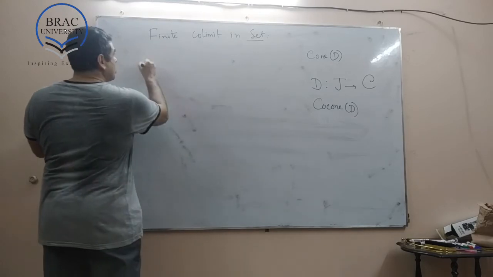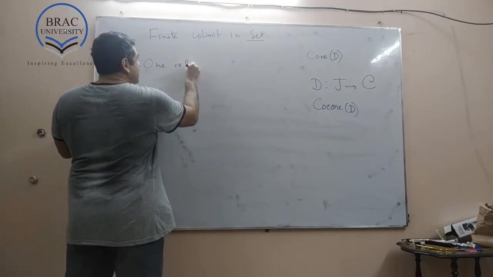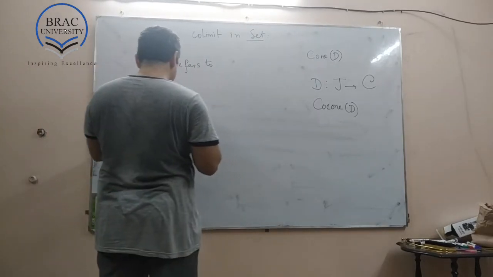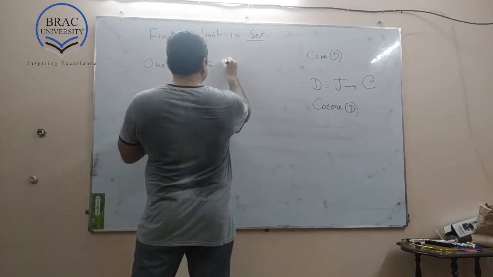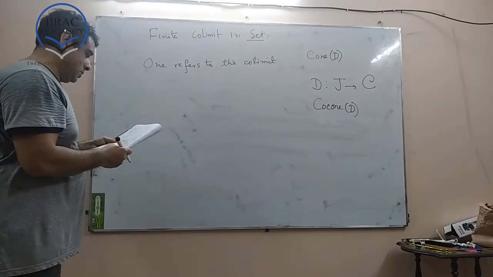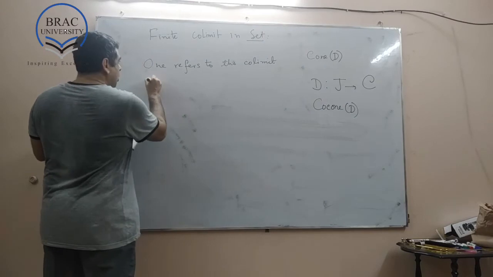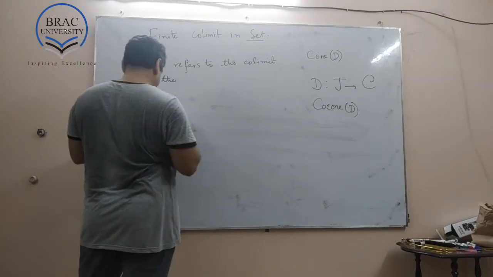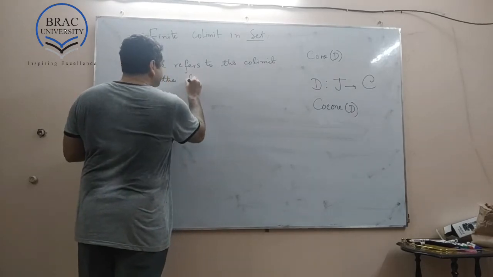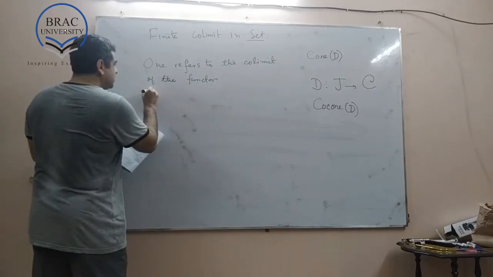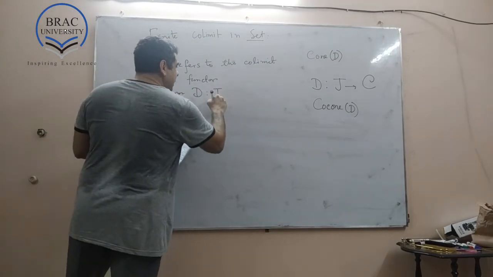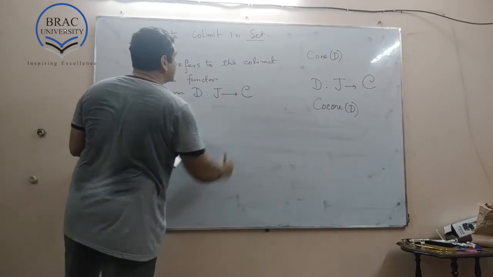One refers to the colimit of the functor diagram from an index category to the given category C.